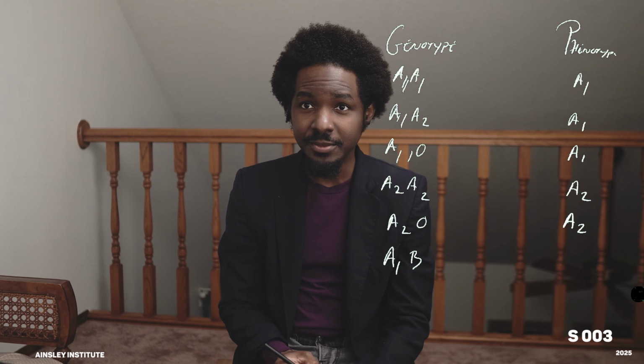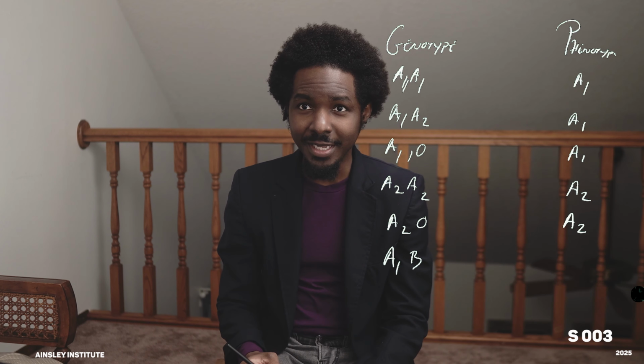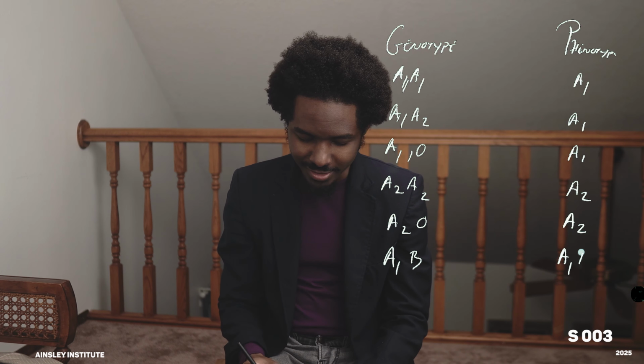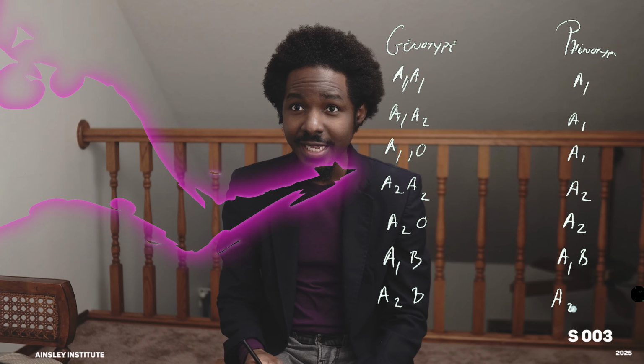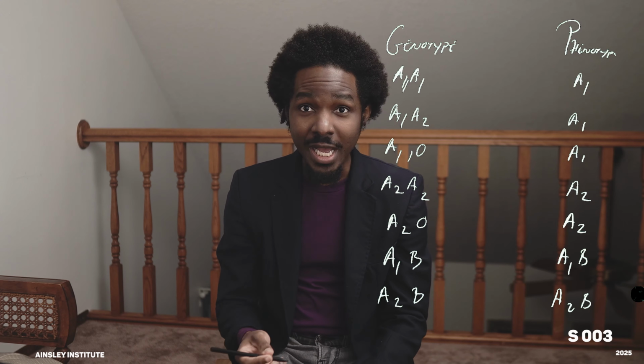So if we have A1 and a B, we can expect an A1B individual. If we have A2 and a B, we can expect an A2B individual, all right? And if we have a genotype in which there is OO, we're expecting O. It's simple.